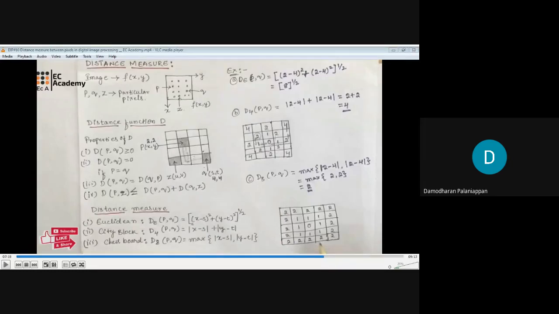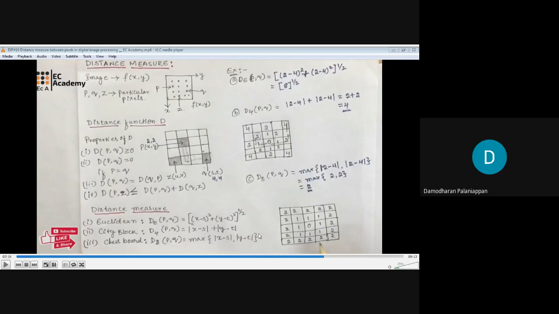Now we move to the chessboard method, finding the distance between pixels p and q using the formula max of absolute of x minus s, comma, absolute of y minus t. Max is a function that gives the maximum value, and absolute gives a positive number.